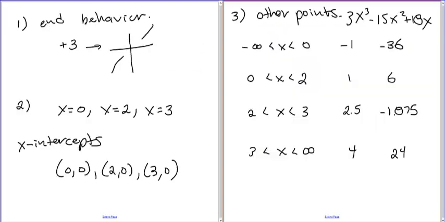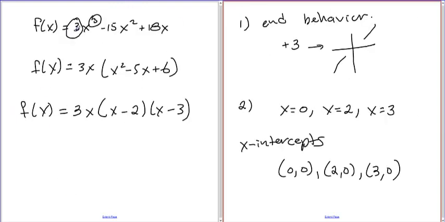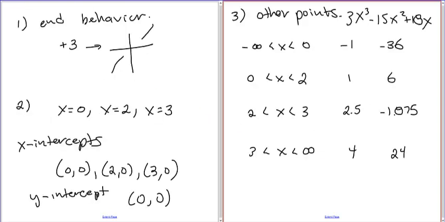Let's go back and do that. So the y-intercept, we take the unfactored version. Actually, the y-intercept is 0, because if I stick x equals 0 in here, I'll get 0. So the y-intercept is going to be (0, 0), which is also an x-intercept.